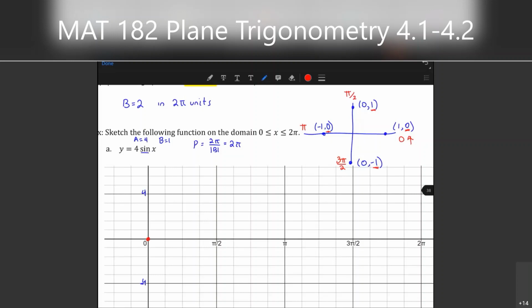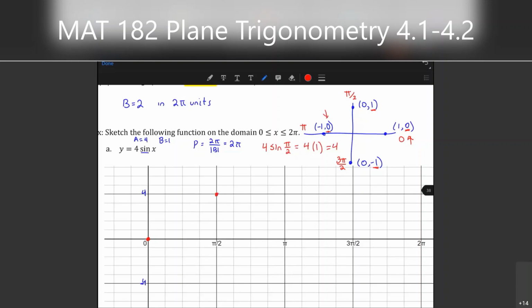If I said 4 times the sine of pi over 2, the sine of pi over 2 is equal to 1, just based on our unit circle. So this would just give us a height of 4, and we'd be up at 4.